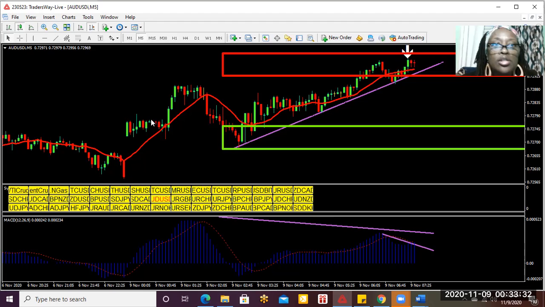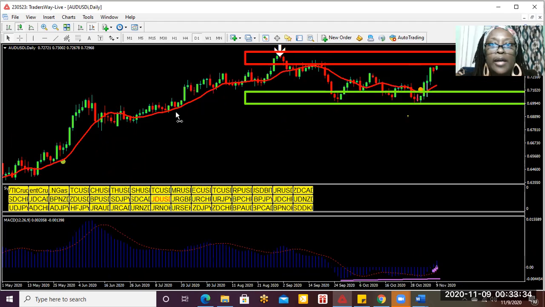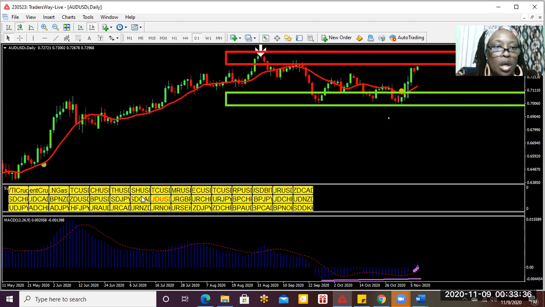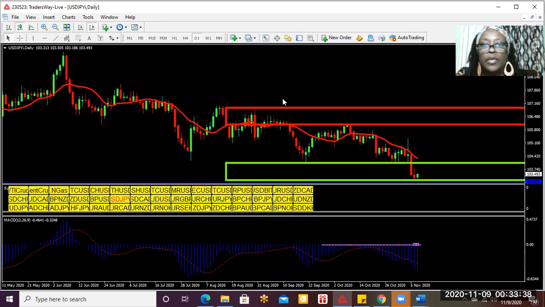So let's do the daily USD JPY. What are we looking at on USD JPY? So remember, USD is the primary pair. Price is preparing to go up based on what we saw in the DXY. So what are we looking at here?